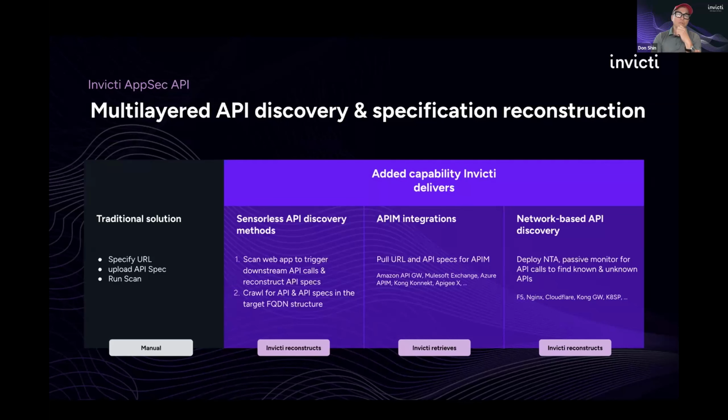The mechanically traditional way is that you specify the URL, get the API specification and upload it into the system, and then you can run the scan against it and discover vulnerabilities, things like BOLA that Jiri was talking about.